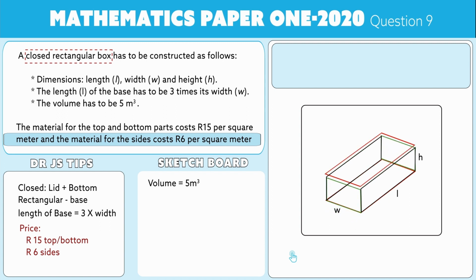Now, let's talk about how I pay when I go and buy material at a material shop. It depends on what I buy. If I buy material to make clothes with, I pay per running meter, so they would give me the cost per running meter.